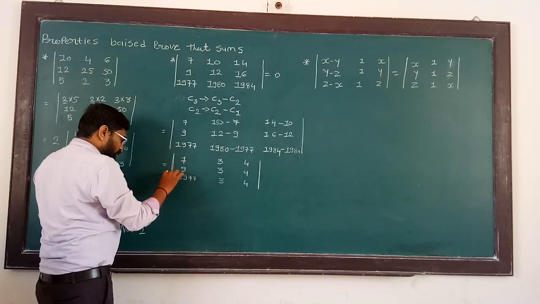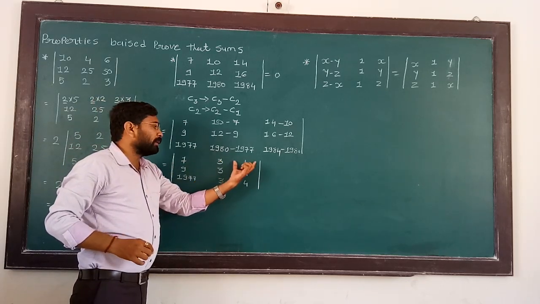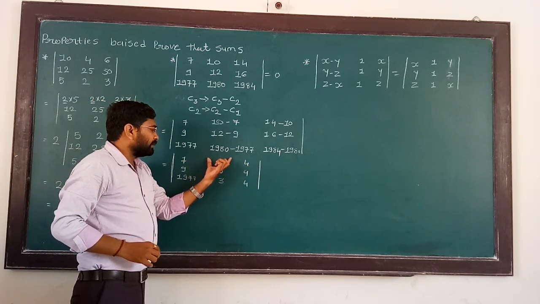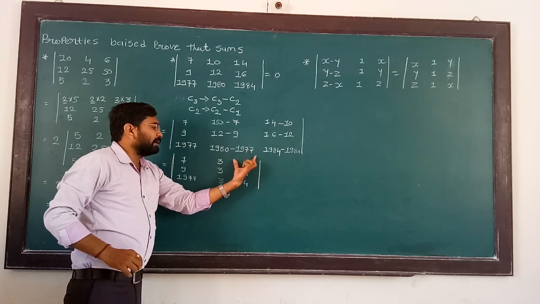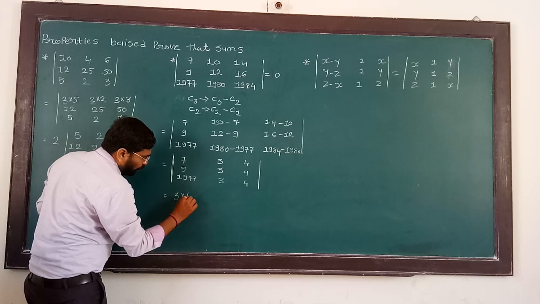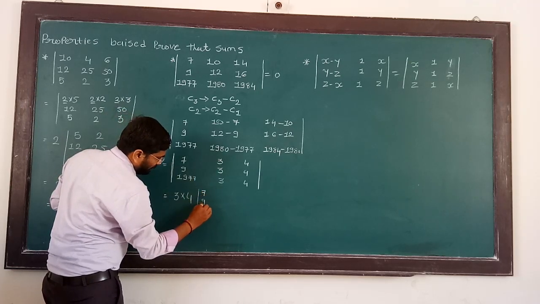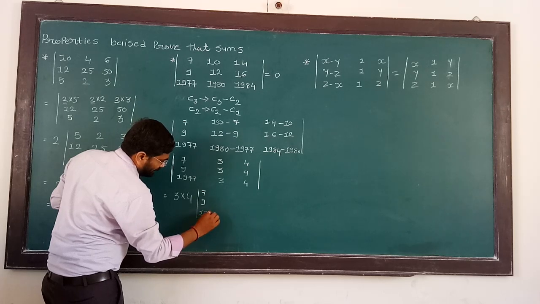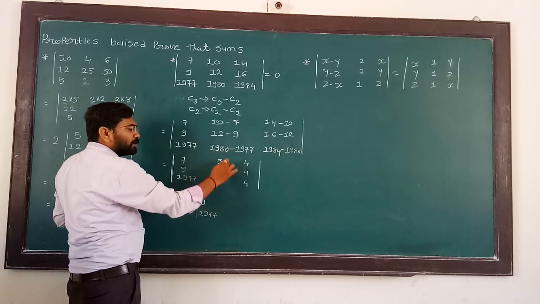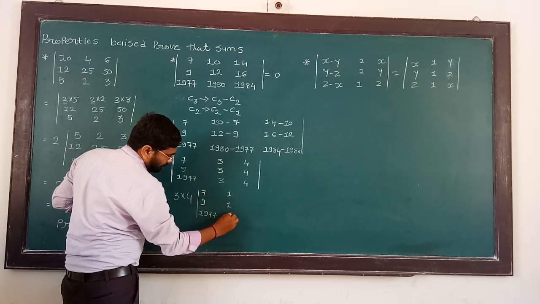Now see the students, here in column number 2 and column number 3, the common is 3 and here the common is 4. So we can take 3 into 4 common, and the remaining part is 7, 9 and 1977. Here 3 is common, so we write 1, 1 and 1.